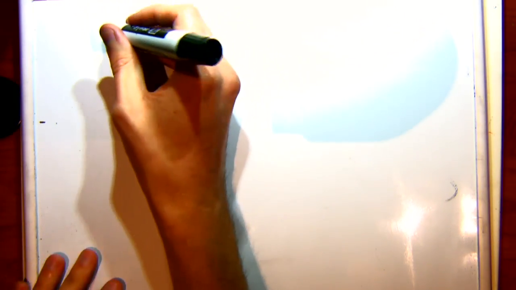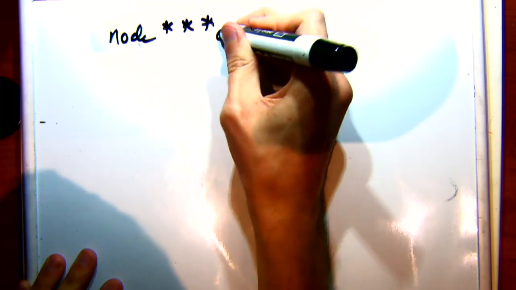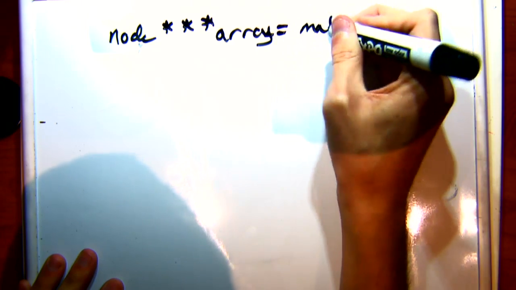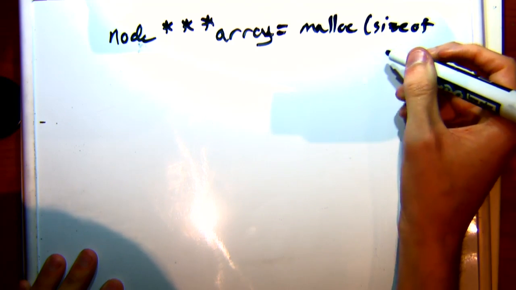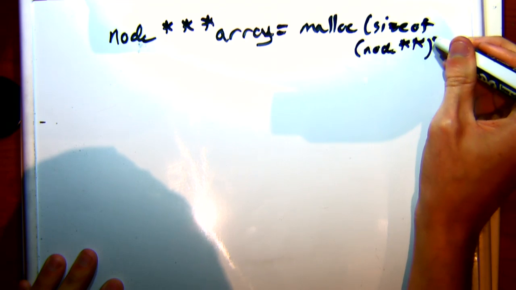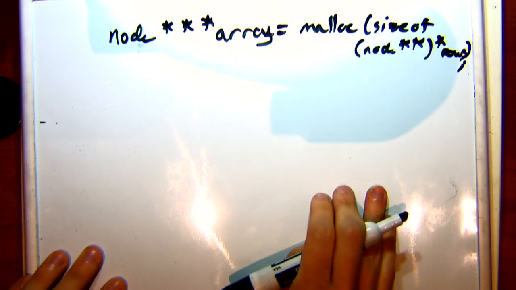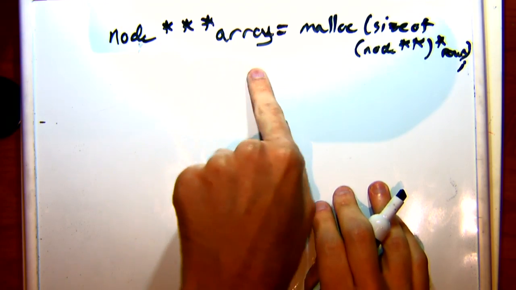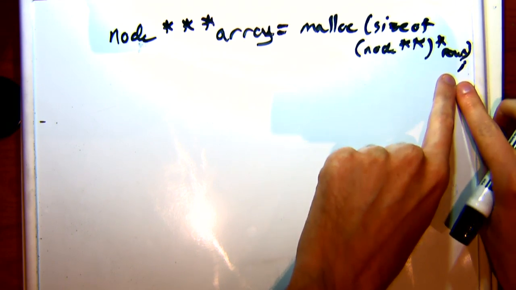All right, kind of ran out of room there, but this is node triple star array equals malloc sizeof node star star times rows.